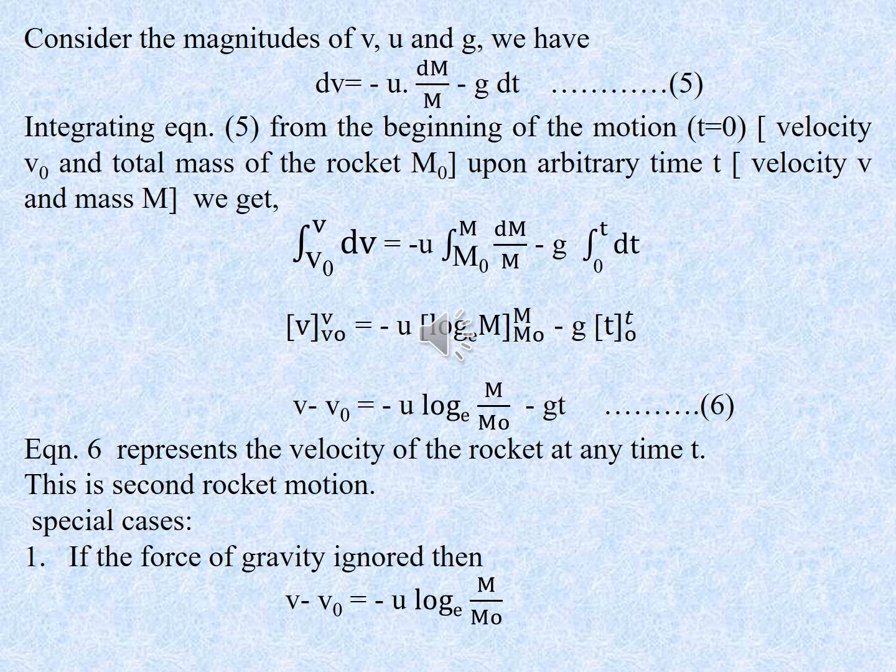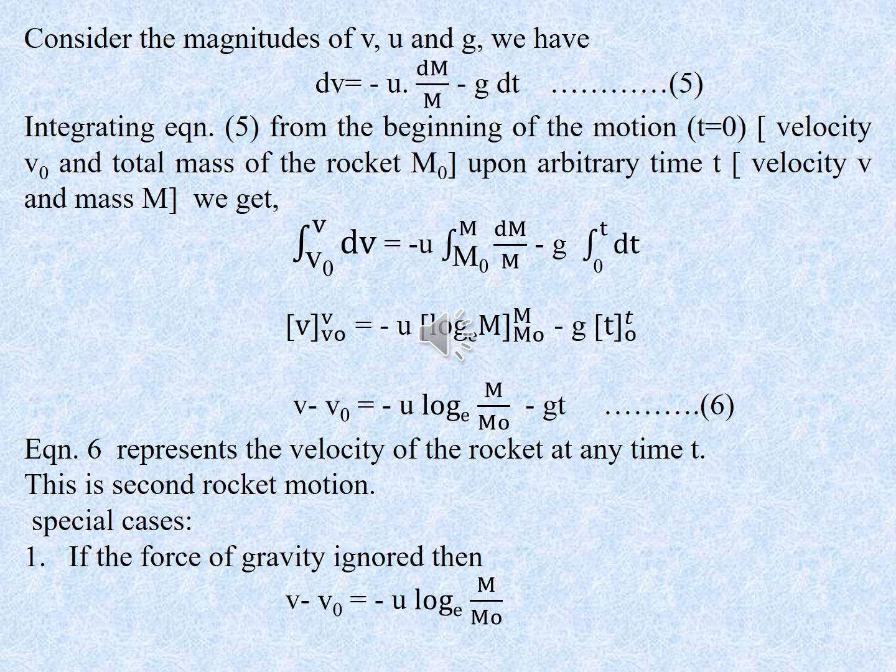Integrating equation 5 between the limits, integral v naught to v dv is equal to minus u. Here mass changes from m naught to m, so integral m naught to m dm by m, minus g.